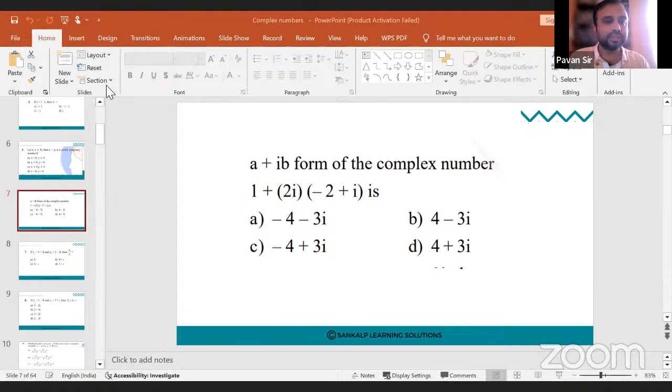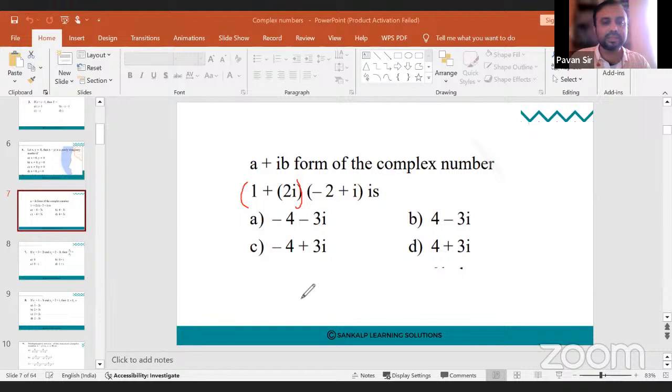You can write like this, because the question is slightly misprinted: 1 plus 2i into minus 2 plus i. What is the answer for this? Quick, 10 seconds I will give you. Fast, solve it and give me the answer.